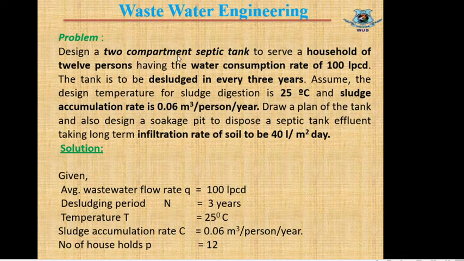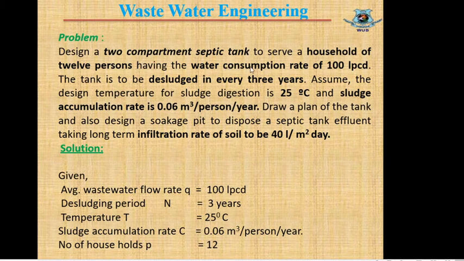Now we will design a septic tank. Let's read the question. Design a 2-compartment septic tank to serve a household of 12 persons, having a water consumption rate of 100 liter per capita per day.